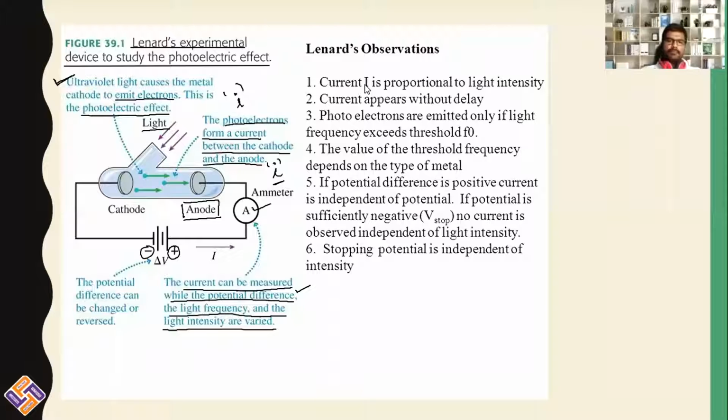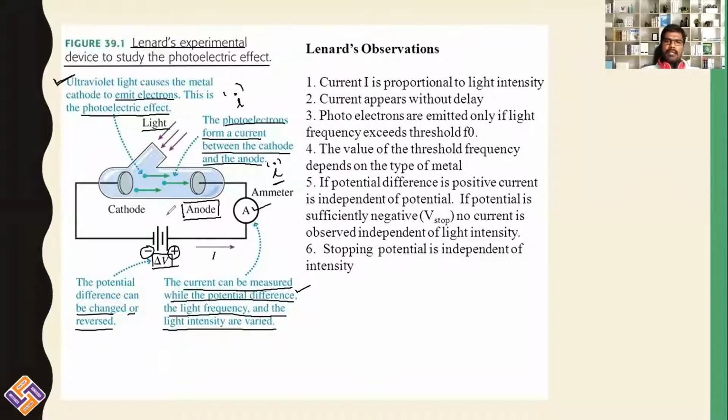Now the potential difference can be changed or reversed. So this potential difference which you are connecting can be either reversed or changed. It can be variable. This is the experimental arrangement conducted by Lenard.